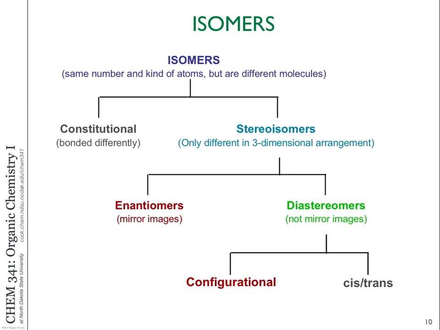You just raise 2 to the power of the number of stereocenters. So if you have one chiral center in a molecule, let's say you have one stereocenter which is R, and then its mirror image is S. There's no other possibilities for arrangements. So you have 2 to the power of 1. That's 2, right? 2 possible stereoisomers.